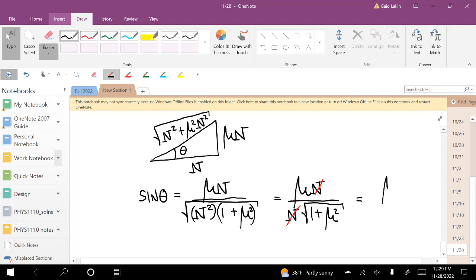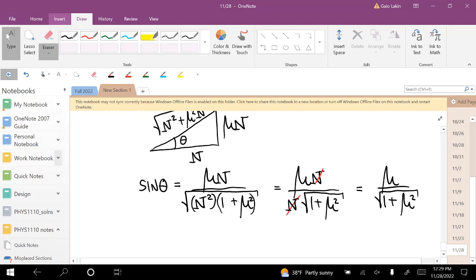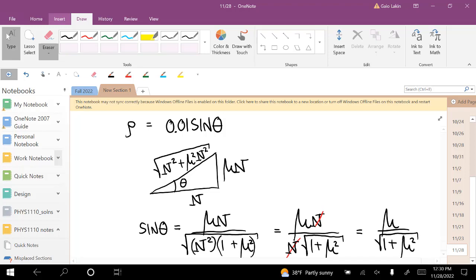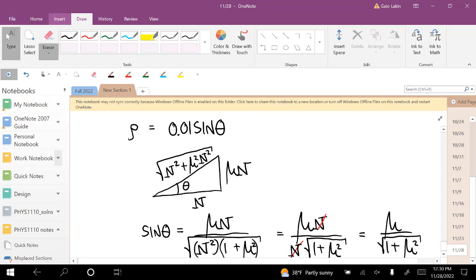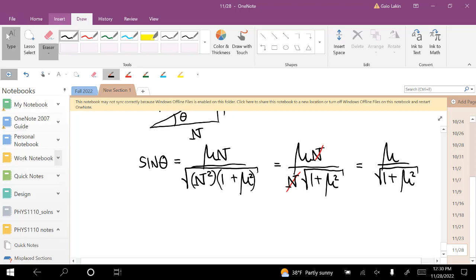So sine of theta is equal to mu over the square root of 1 plus mu squared. So let's get a value for this. Sine theta is equal to 0.05 divided by the square root of 1 plus 0.05 squared, which is 0.04994.